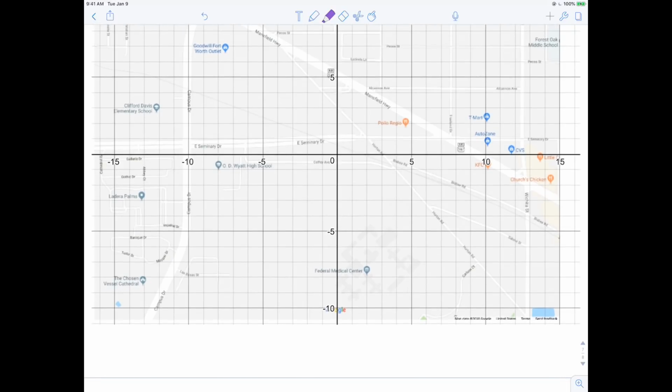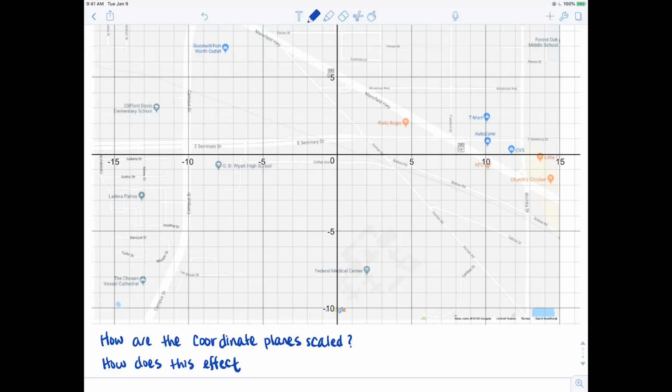Also be thinking about how the graphs, the coordinate planes, are scaled, and how this affects the equation of the lines for the system you create.